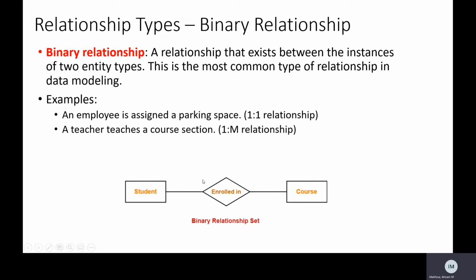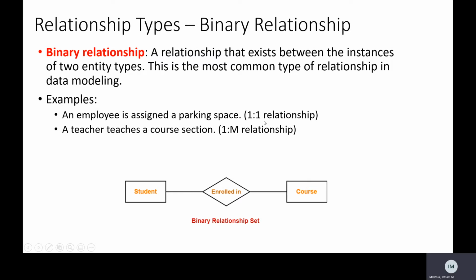Some examples would be an employee is assigned a parking space. Here we have an employee and a parking space, two entities, so we say it's a binary relationship. Don't confuse that with the one-to-one relationship. An employee is assigned a single parking space, and a parking space is assigned to a single employee, but because we decided to create them as two different tables in the database, it would be a binary relationship.